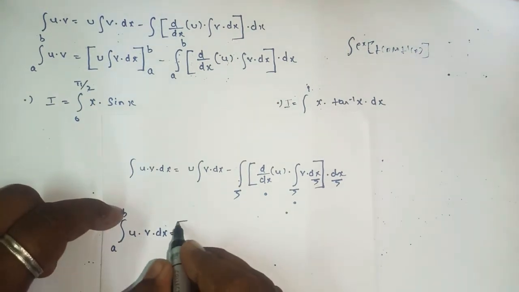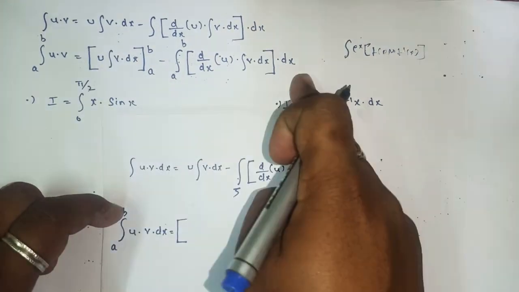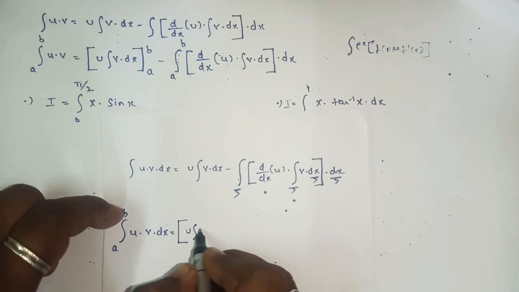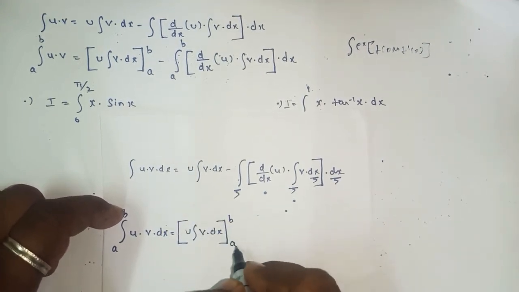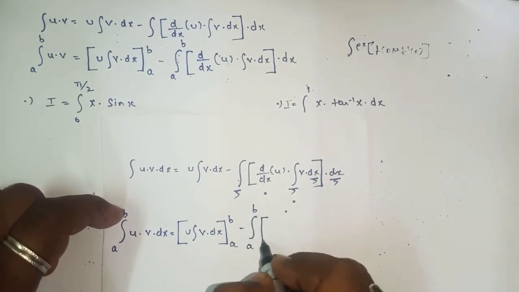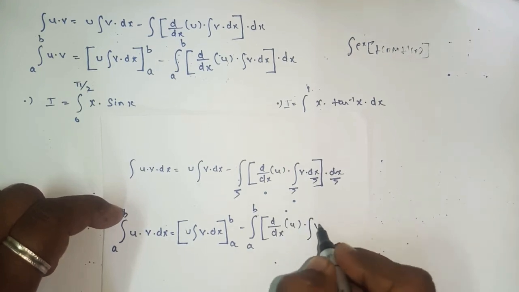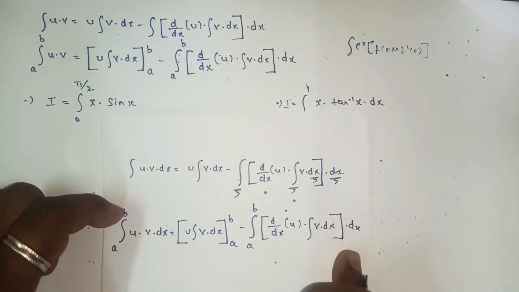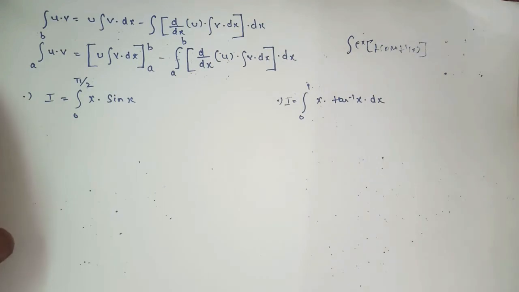The formula you have to apply is: u integration of v into dx, from a to b, minus integration from a to b of derivative of u into integration of v into dx, into dx. So this formula you have to apply. Let's see how to tackle this sum.